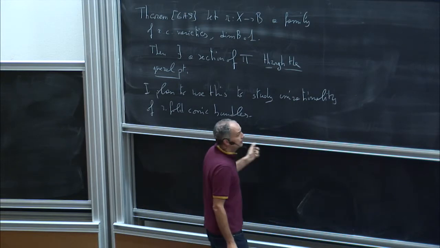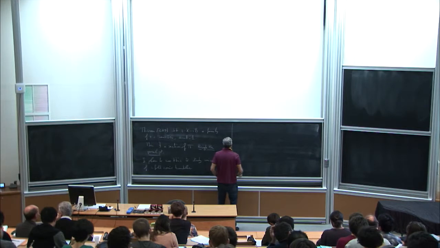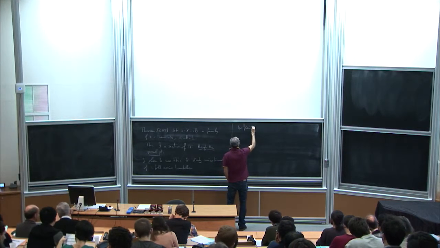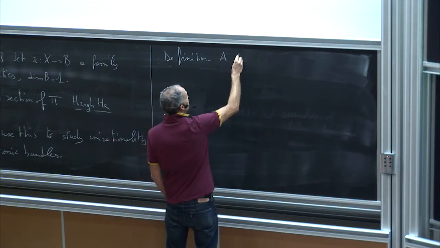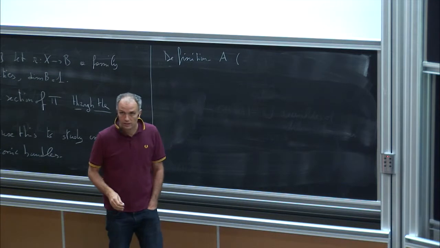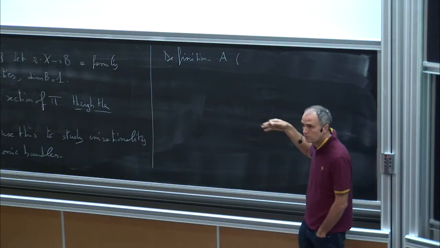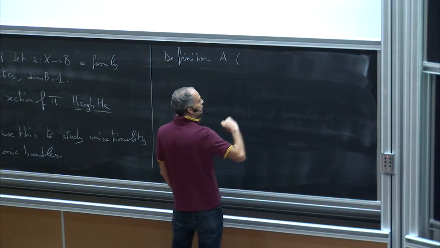And let me just start by saying what a threefold conic bundle is, so what a conic bundle is. The definition I'm going to give is usually the definition of standard conic bundles, but since these are the only conic bundles we will see in the lecture, I will only write conic bundle afterwards.